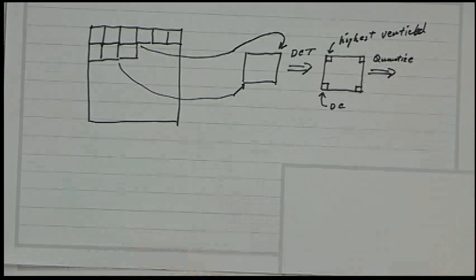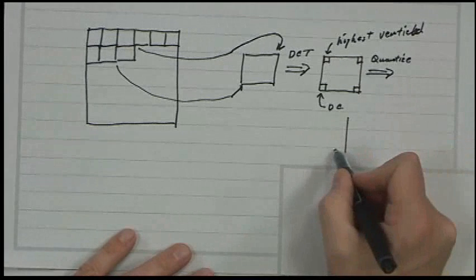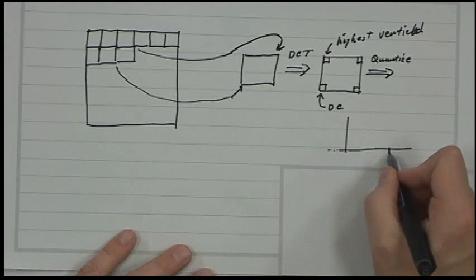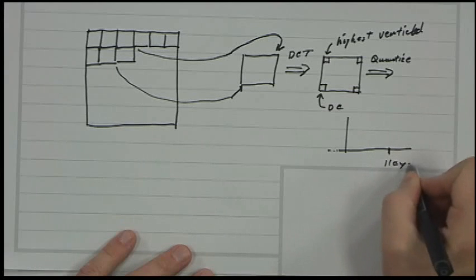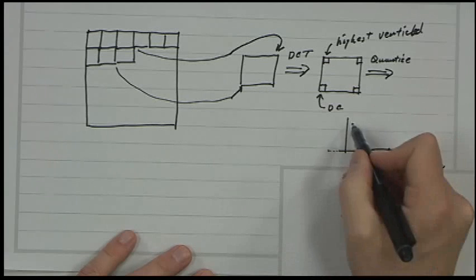Now, which frequencies are most important? The high frequencies or the low frequencies? Low frequency. Why? The human visual system is a low pass filter, because it has a modulation transfer function, right? See, this is where we're pulling everything together. Somewhere around, say, 11 cycles per degree, it starts to drop off.